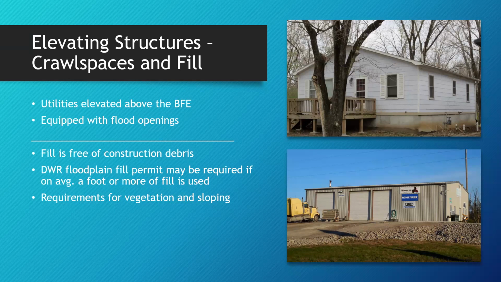So that would be the state permit you would need for floodplain fill, in addition to the local permit and then any required federal permits. And then there are additional design requirements for having vegetation on that fill to prevent erosion and how it can be sloped, usually a 1-to-1 ratio, vertical to horizontal.